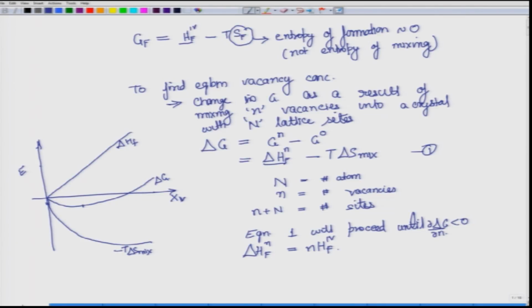Next, what we need to find is this term T delta S. Now, this is delta S mix. What is delta S mix?